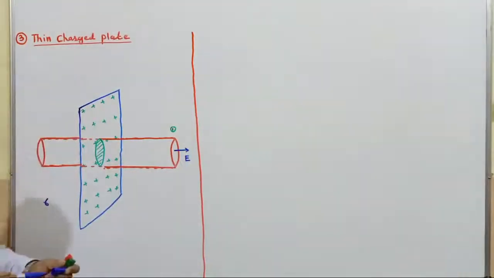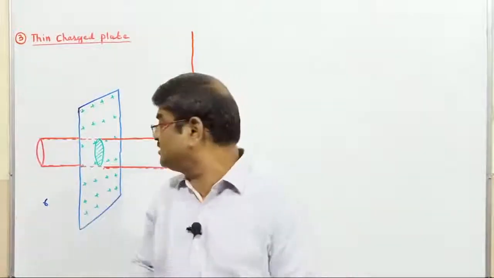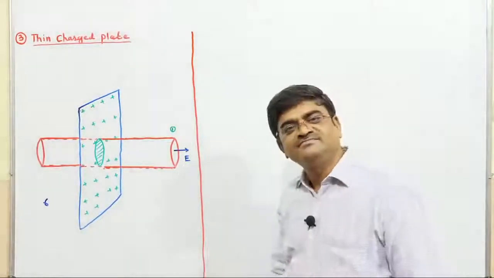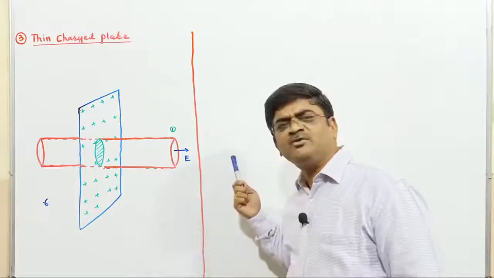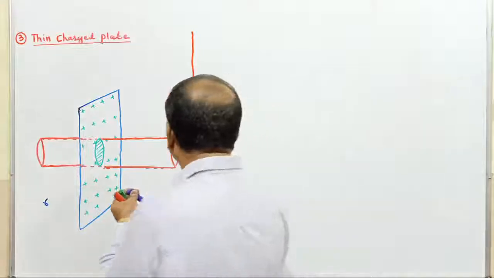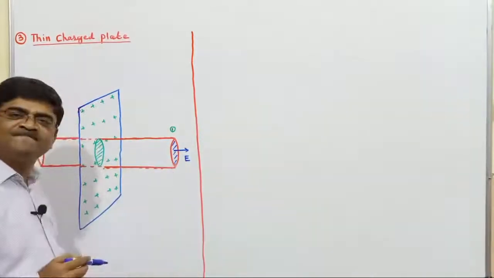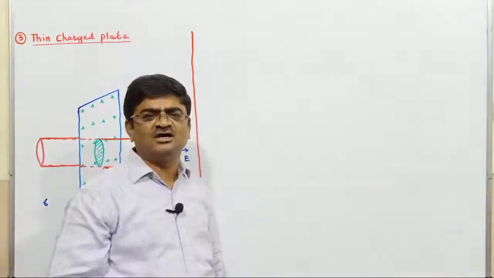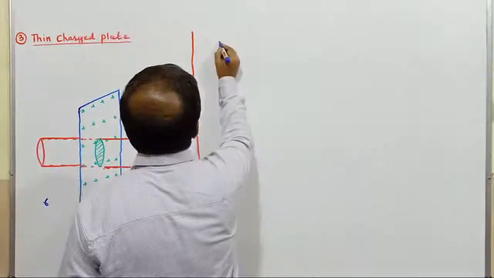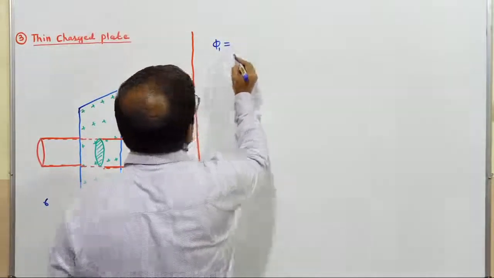One of the steps while calculating flux is to assume the intensity to be calculated as E. The area vector is going to be perpendicular to this portion. Then the area vector and intensity make an angle 0 with each other. So the flux through the first portion, phi 1, I call.